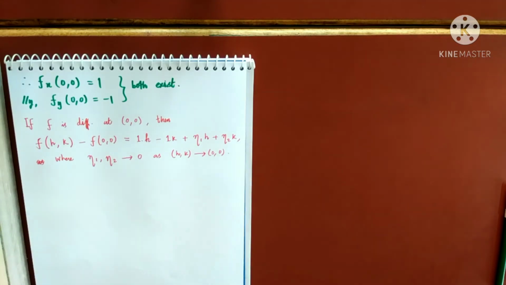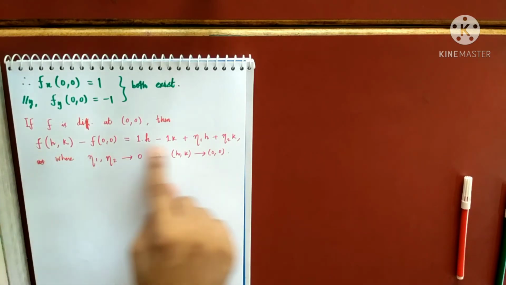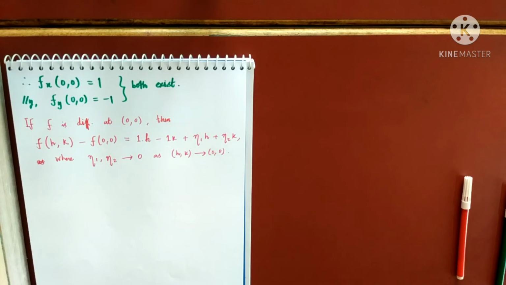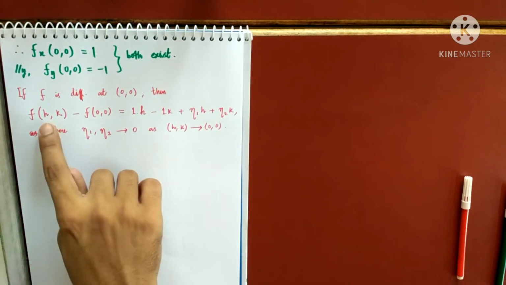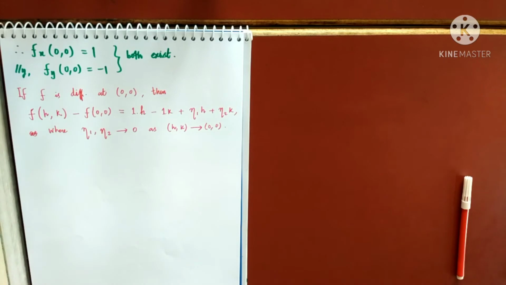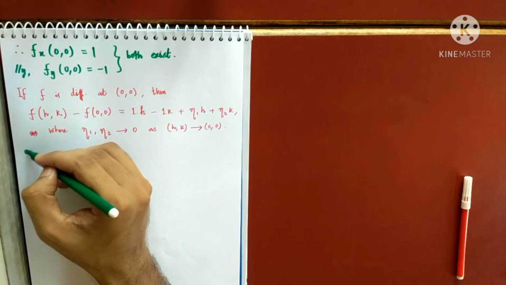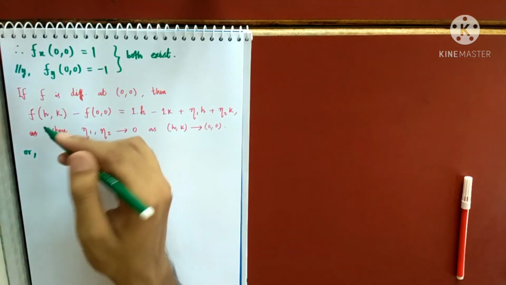So if the function is differentiable at 0, 0, this condition must be satisfied, right? And I'll prove that this condition will not be satisfied. Let's see how. Or if this is satisfied, then this must be satisfied.